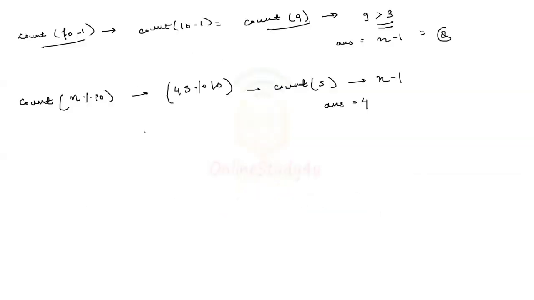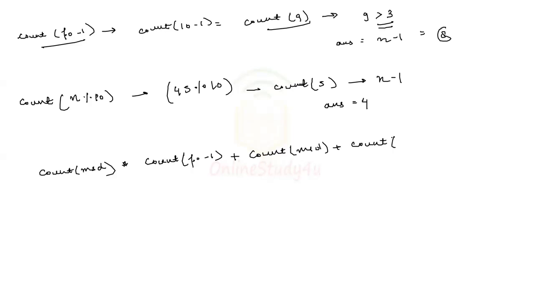And at last you can use the formula: count of MSD times count of PO minus 1, plus count of MSD, plus count of N mod PO, the numbers that start after MSD.